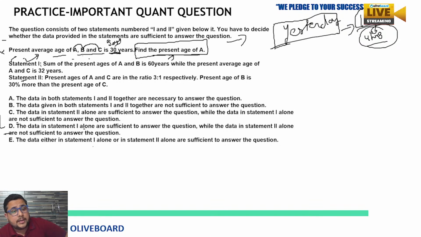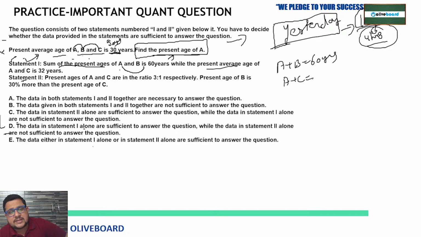Now see, here you have to check statement 1. Sum of the present ages of A and B, so A plus B is given, that is 60 years. And the present average age of A and C is 32. So A plus C would be just double of 32, because that is the average of two persons A and C, so the sum would be 64.